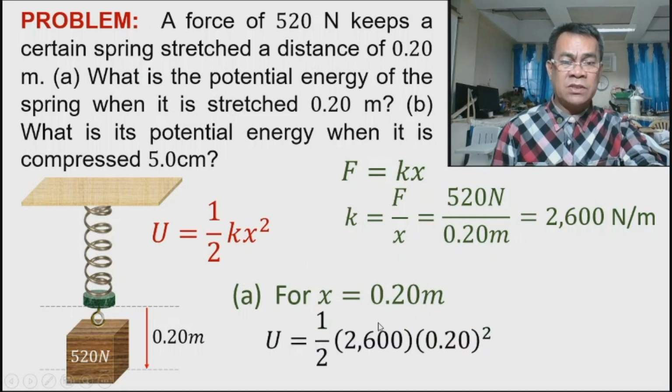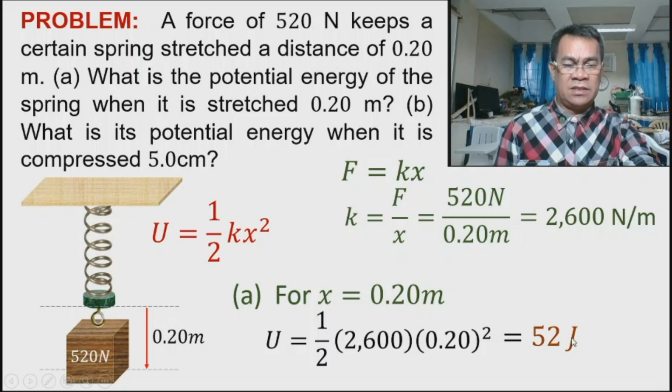So substitute the values: one half times k, 2,600, times displacement 0.2 squared, and the answer is 52 joules. This is the energy. Once you apply 520 newtons and it is displaced by 0.2 meter, for a spring whose spring constant is 2,600, the energy is 52 joules.